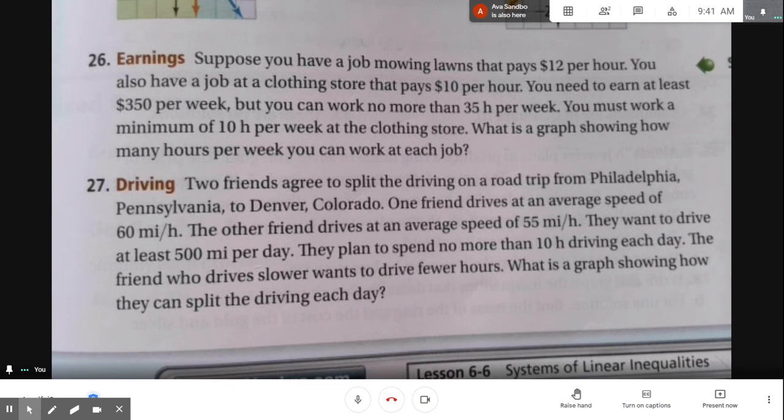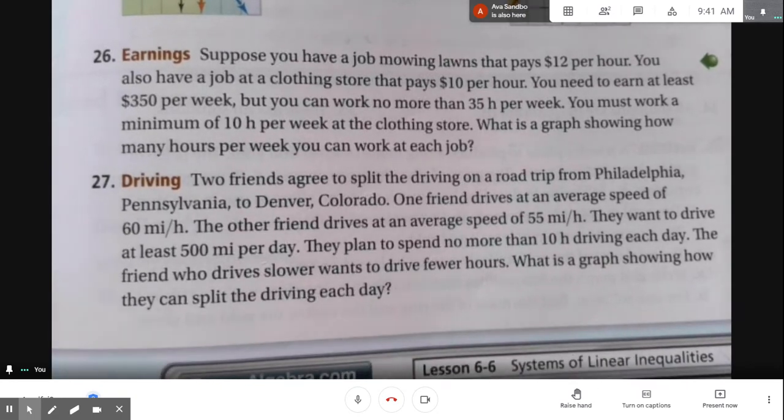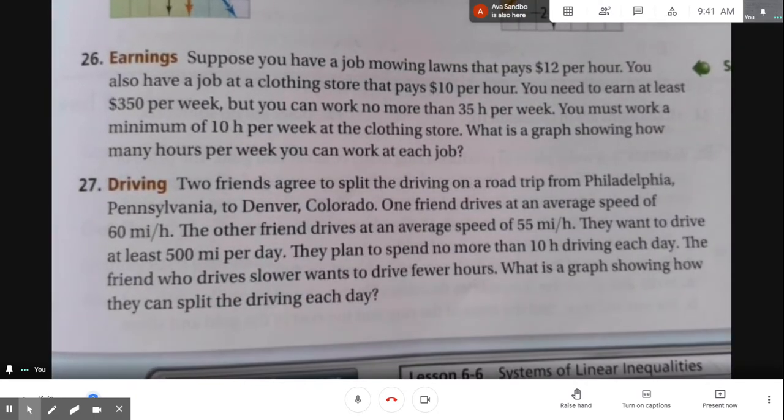Mowing lawns is more restrictive. You can only mow them so many times before the people are like, you've mowed my lawn 8 times this week. We're done. I'm not paying you again.